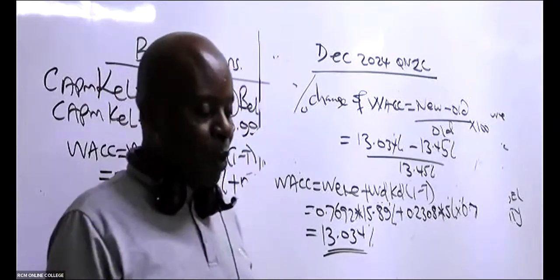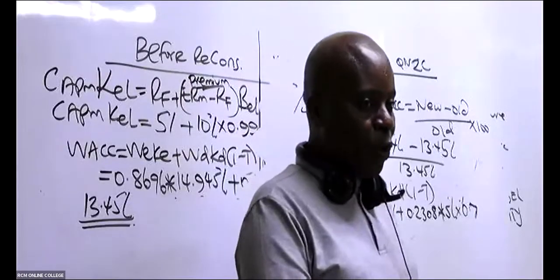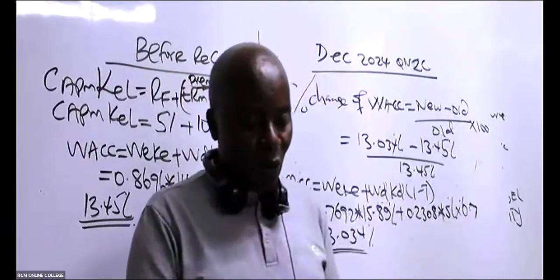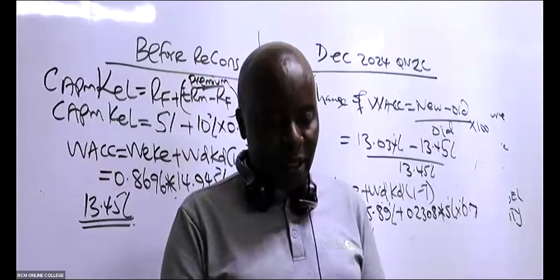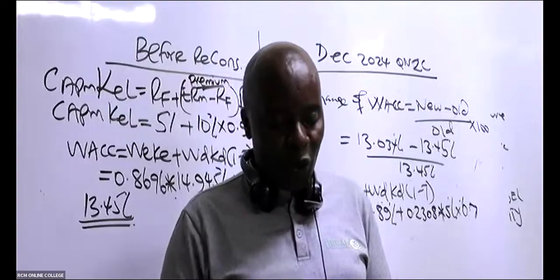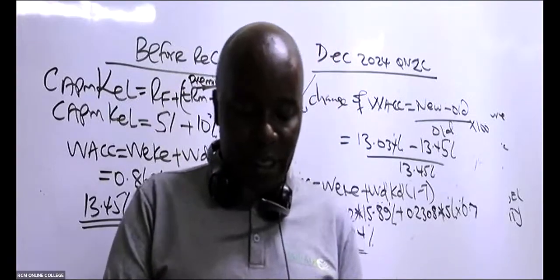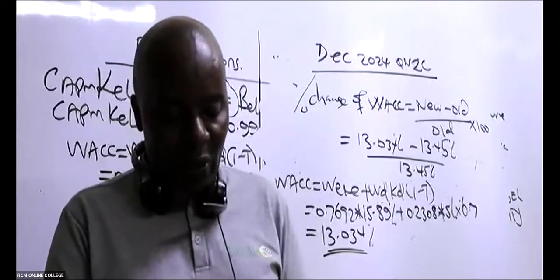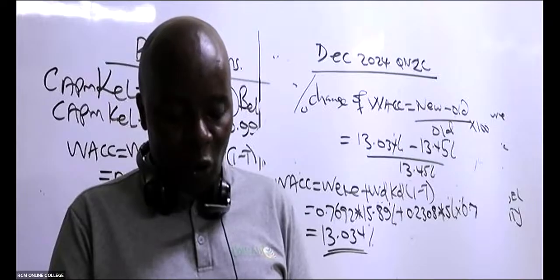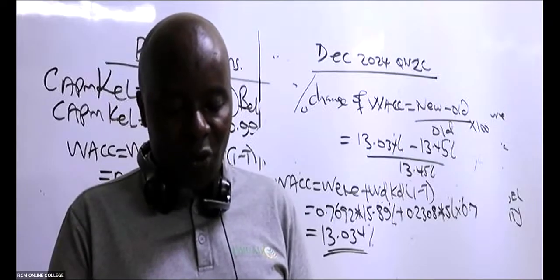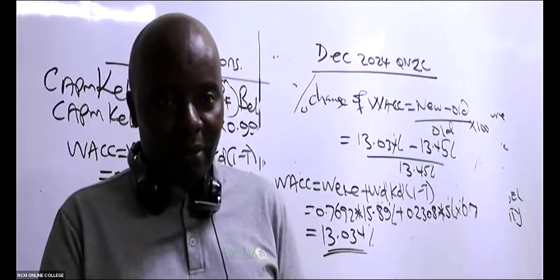The following information was available: existing debt to equity 1.2, asset beta 0.6, risk-free 6%, return on market portfolio 12%, debt finance is considered risk-free, corporate tax is 30%. They want us, number 1, to give the firm's levered equity beta before and after reconstruction.